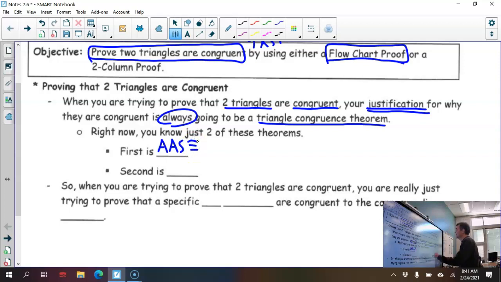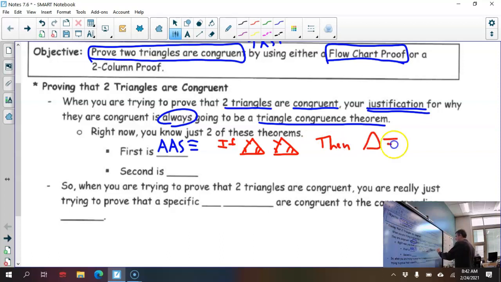The angle side congruence says, if you have two triangles and that equals that and that equals that and maybe this side equals this side, then the triangles are congruent.